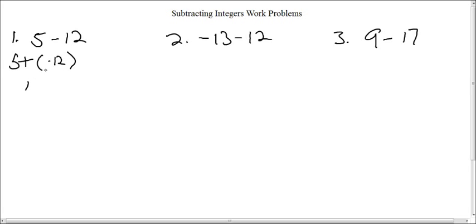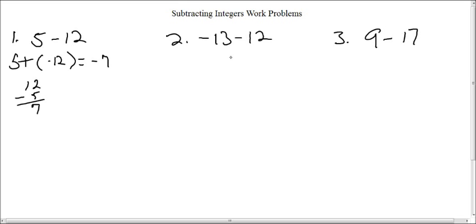The absolute value of a negative 12 is 12. So 12 minus 5 is 7. It also says you use the sign of the largest absolute value, which is negative, so our answer is a negative 7. All right, hope you got that.